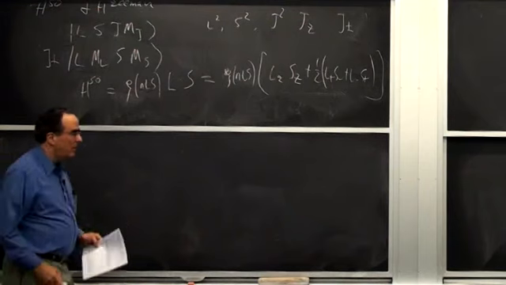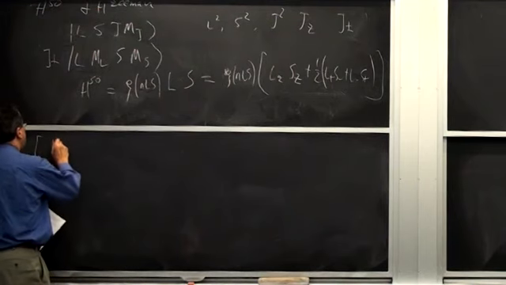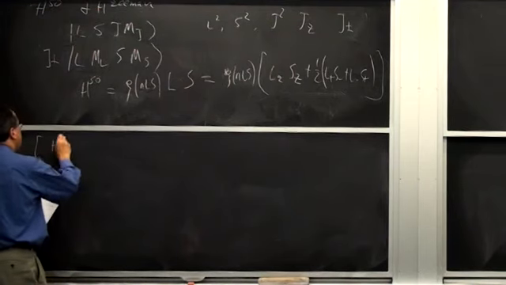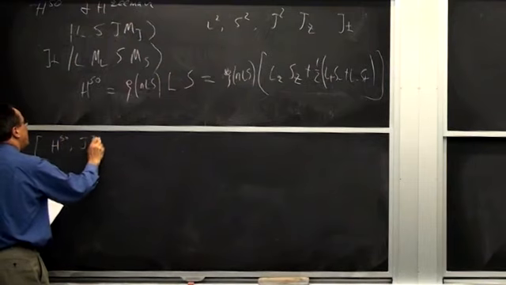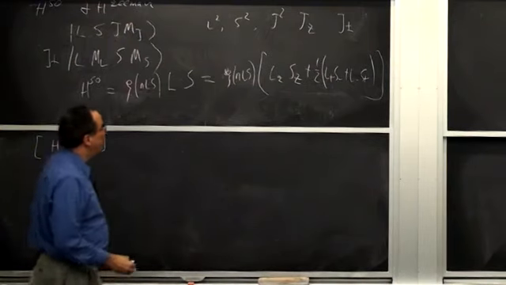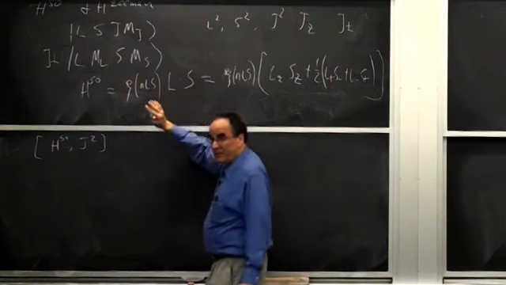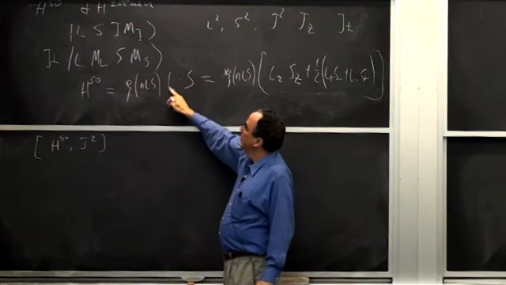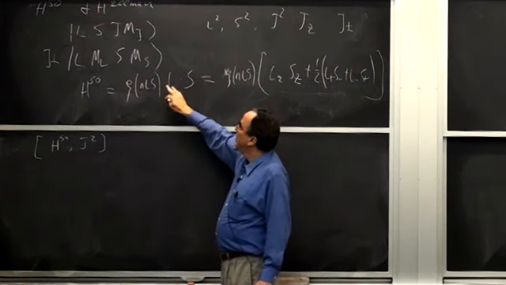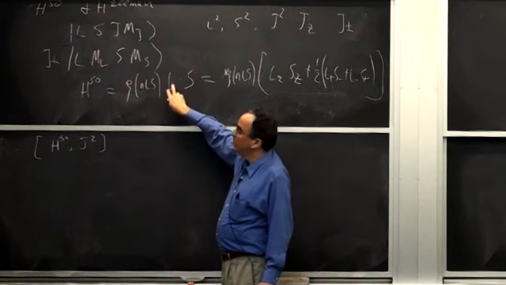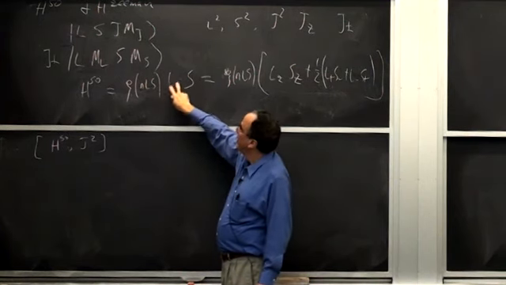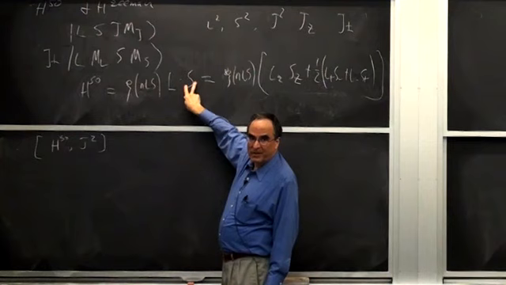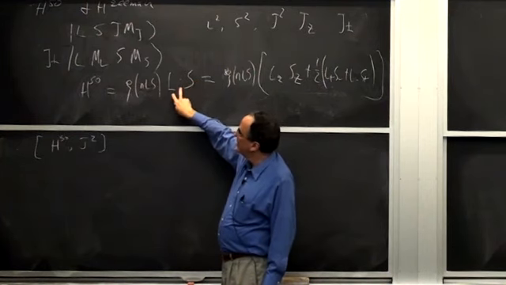We know that the spin-orbit Hamiltonian commutes with J squared. We know this for several reasons. One is L is a vector with respect to J. S is a vector with respect to J. The dot product of two vectors with respect to J is a scalar.